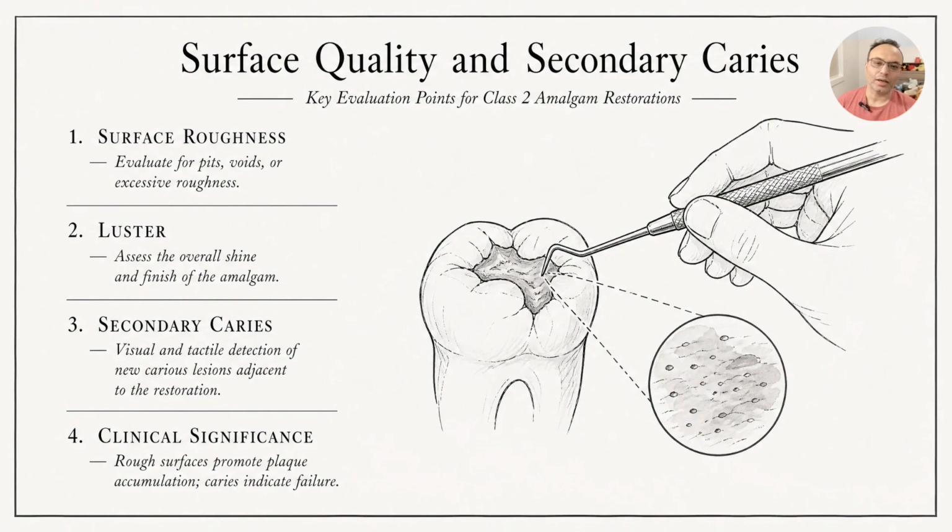If that is revealed, then we know that it is going to retain a lot of plaque, so that would require correction. If the restoration itself is not shiny and the finish is not good, again, that is a sign that the restoration could retain lots of plaque and debris and could be a potential source of problems in the future.